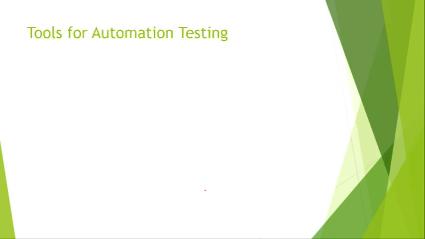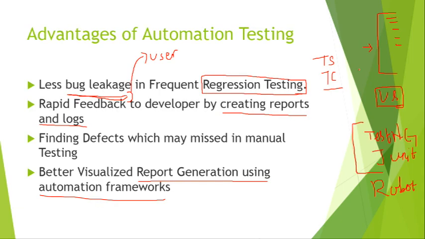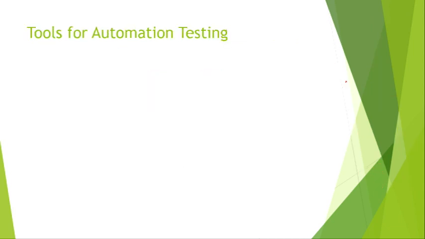Now we'll see what the tools for automation testing are. As I already told you, there are lots of automation tools available in the market. Why is a tool required for automation testing? You require some scripts to run, and for this you need some tools to write those scripts.